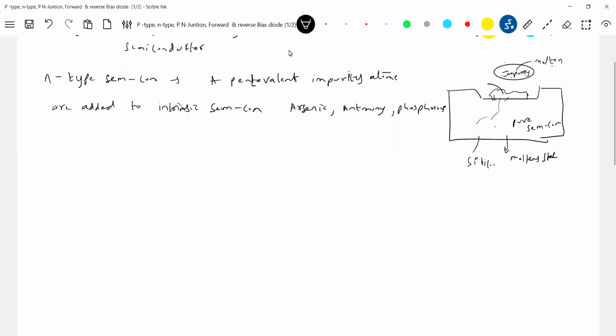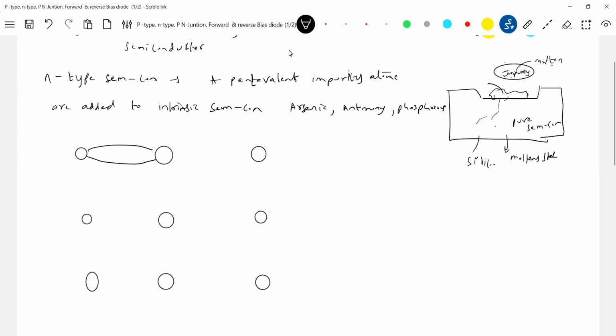So when I add such a pentavalent impurity atom, these are covalent bonds.